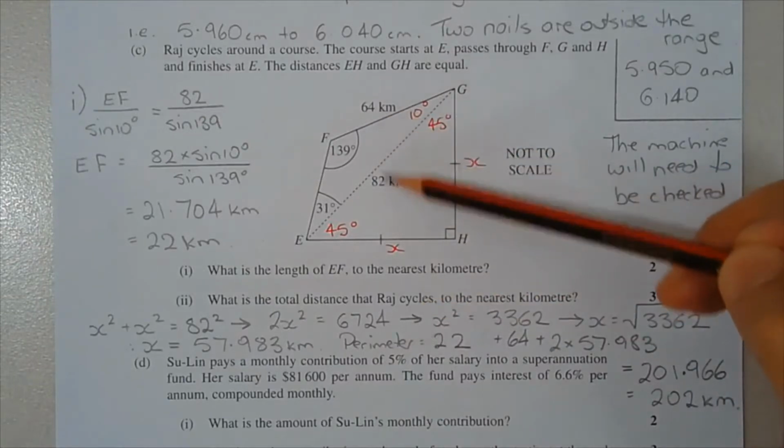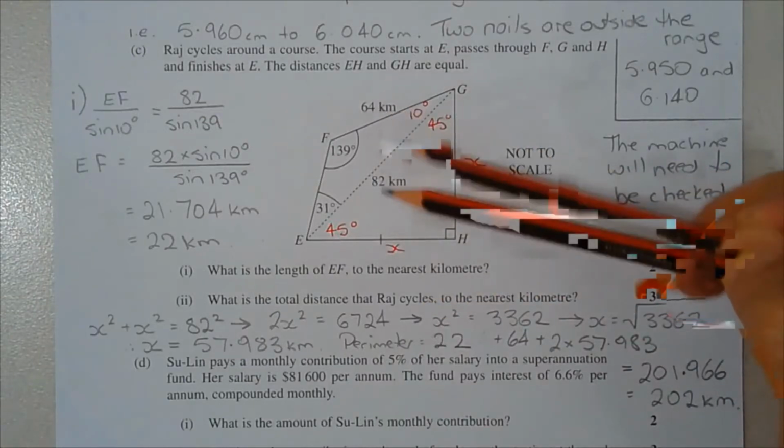Since we have two known sides and an included angle that we've just worked out, we could apply the cosine rule, or we can apply the sine rule since we have a known side-angle pair, this 82 kilometres and 139 degrees, and we need side EF, and its opposite angle is 10 degrees, and that's known. I've used the sine rule here, but you could equally use the cosine rule, and we'll get the same answer.